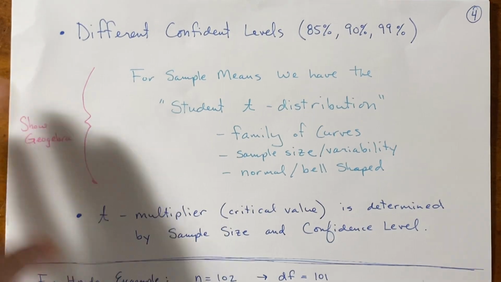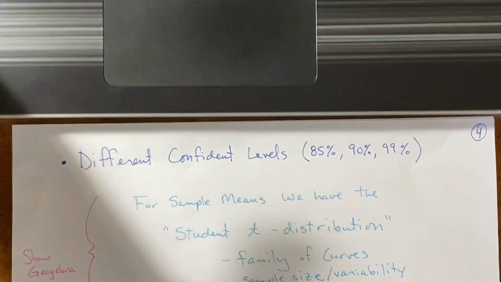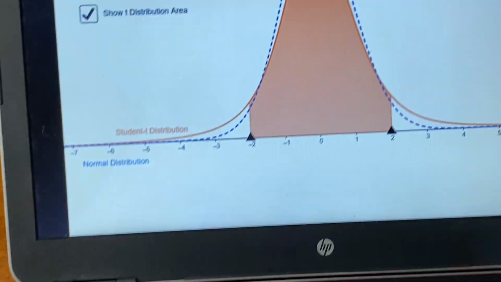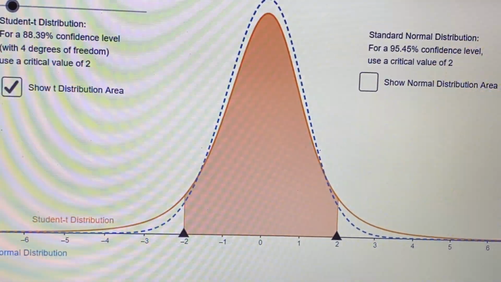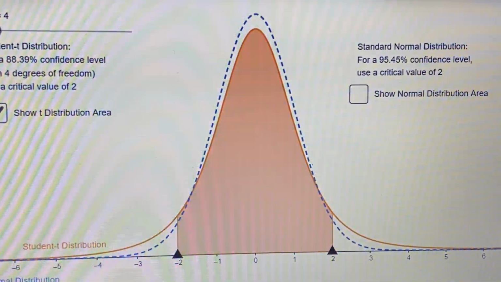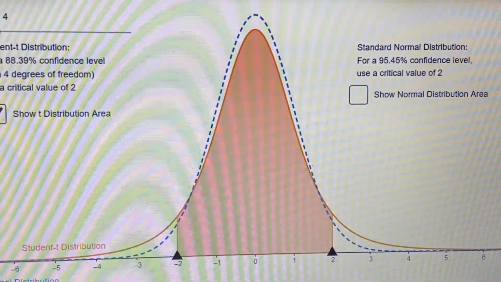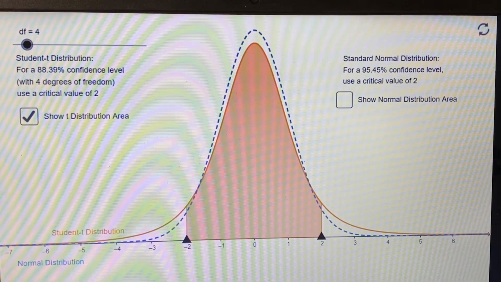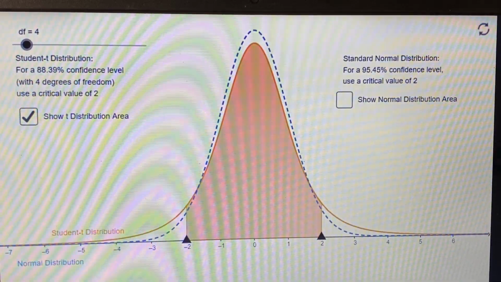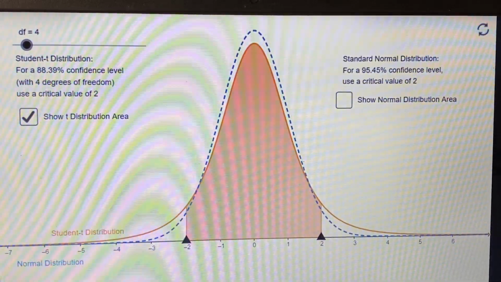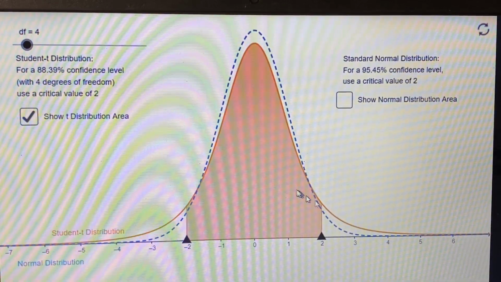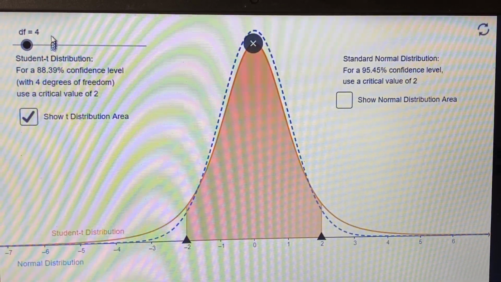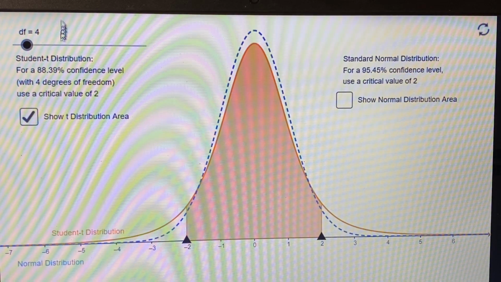All right. Here is the little app. It's called GeoGebra, all right? And with this app, I'm going to give you a little picture of a family of curves. So up here, let me just explain a few things first.